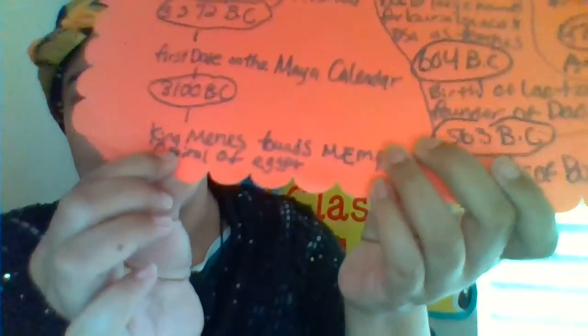To move on a little further, in 3100 BC, King Menes founds Memphis as capital of Egypt. So this is Egypt founded. When Napoleon Bonaparte invaded Egypt in 1798, he brought with him an entourage of more than 160 scholars and scientists, known as the French Commission on the Sciences and Arts of Egypt.